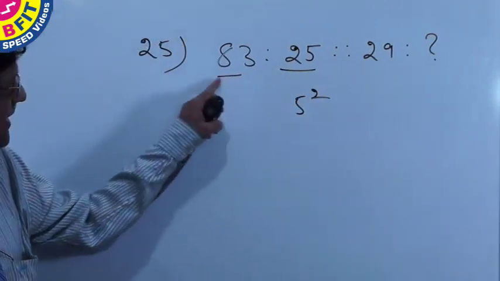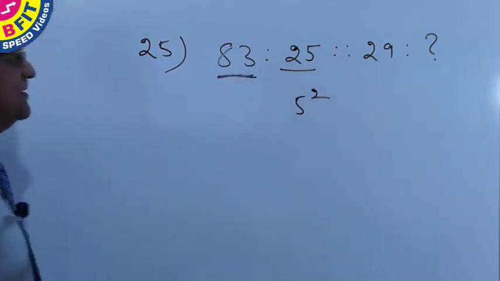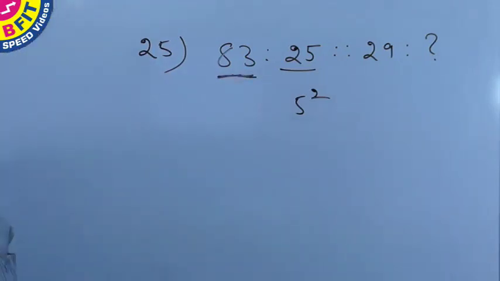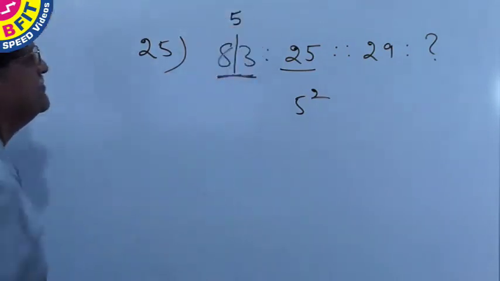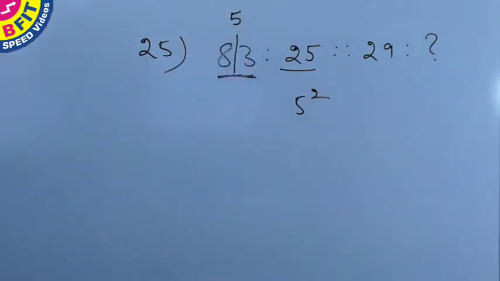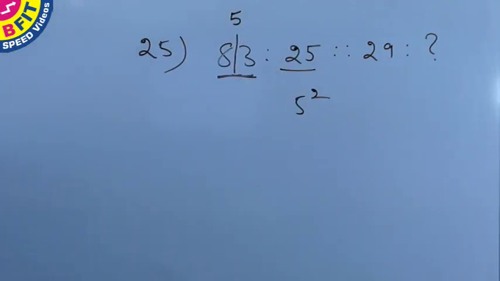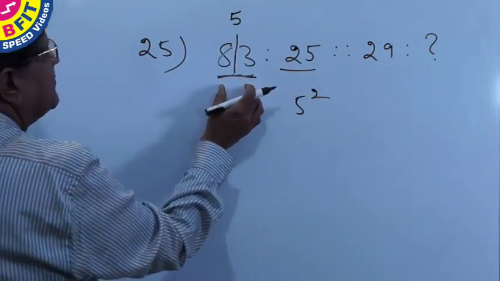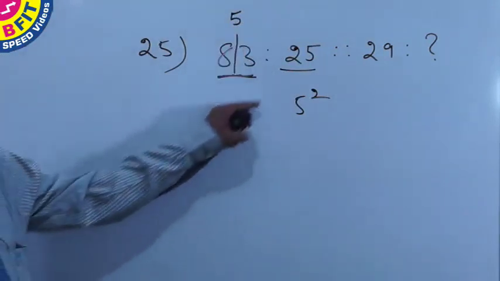Does 5 have any relationship with 8 and 3? If we look closely, we will find the difference between 3 and 8 is 5. And the square of it is 25. Now the logic is find the difference between the digits of the first number and square it.